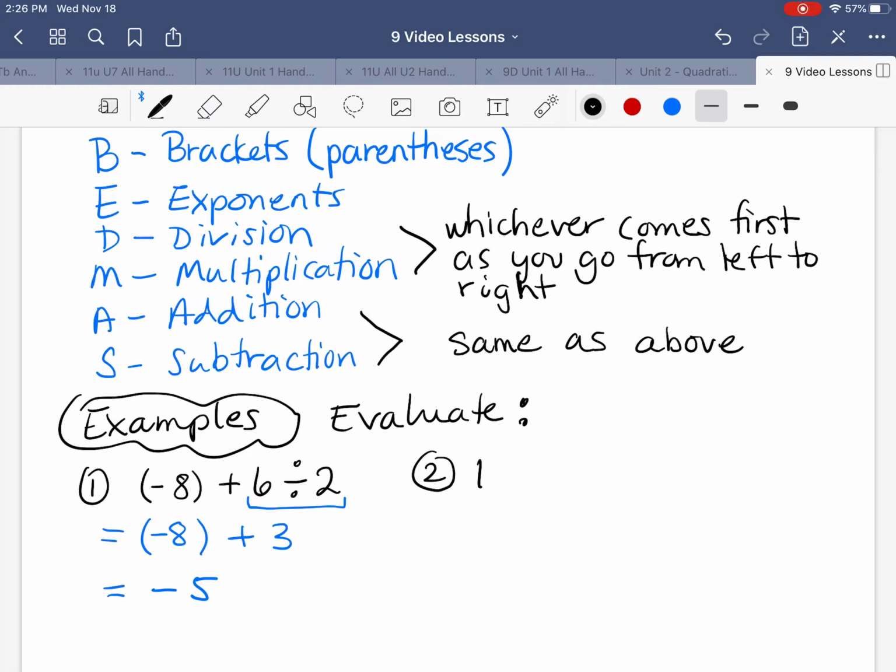Our next one, we have 10 plus -5 times 2. So notice here that I'm using brackets to show multiplication, and this is something that we start doing sometimes in grade 8, but definitely once we hit grade 9.